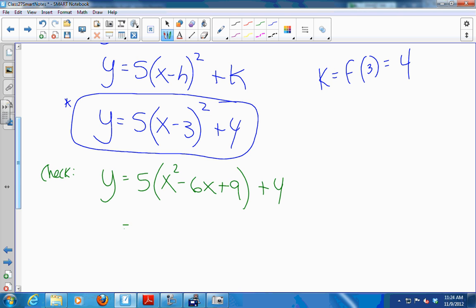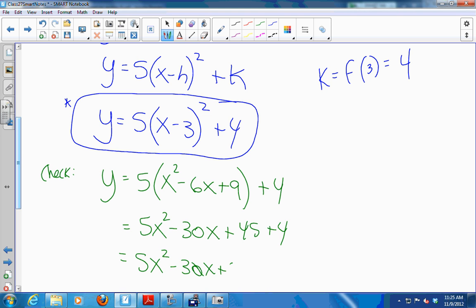And then if I distribute the 5, I get 5x squared minus 30x plus 45 plus 4. And then combine like terms, and I get 5x squared minus 30x plus 49, which is the equation I started with.